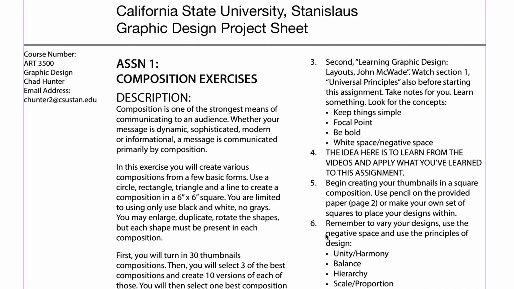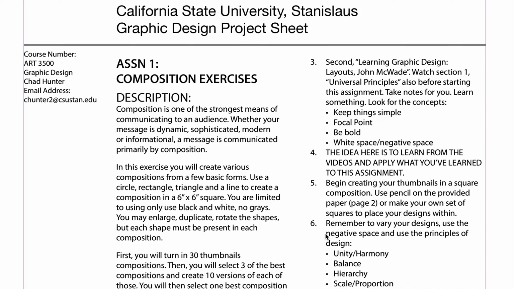What I mean by that is when someone looks at a magazine ad, a poster, a magazine itself, a book design, a newsletter, whatever you've designed, the composition takes up all of the space you have.